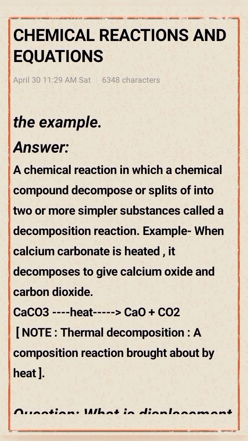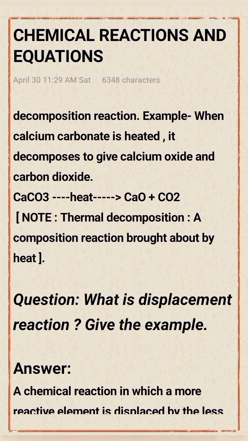That is CaCO3 calcium carbonate, on applying heat, decomposes to give the products calcium oxide CaO plus carbon dioxide CO2. A decomposition reaction is also called a thermal decomposition reaction, because the decomposition is brought about by heat.